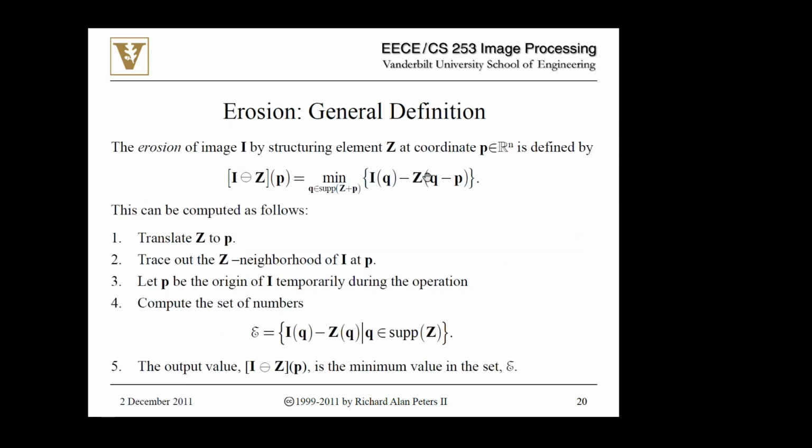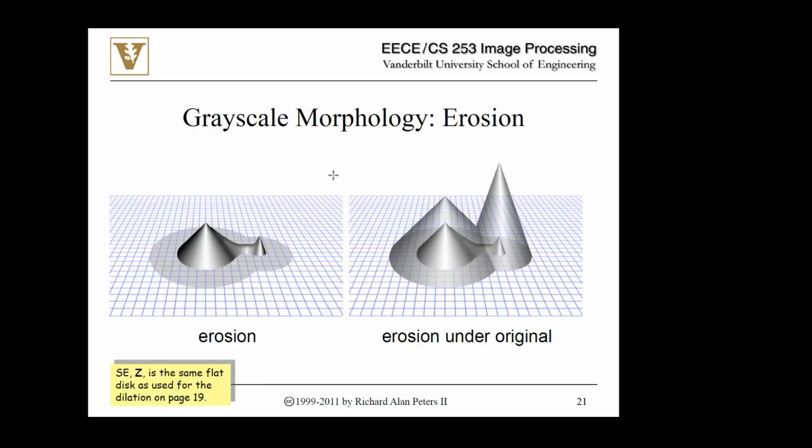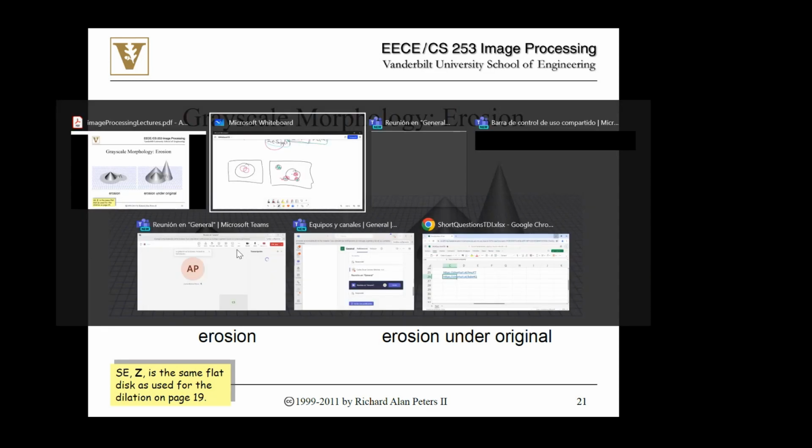For every point where it makes sense, you are making an operation between the image and the kernel, and the operation that applies now is subtraction, and then there is a gathering operator. So let's see how it goes. So we are computing now the minimum of the image minus kernel. So let's do it.